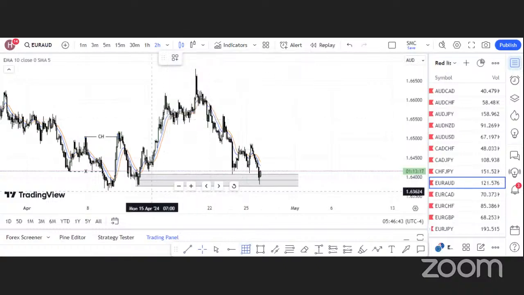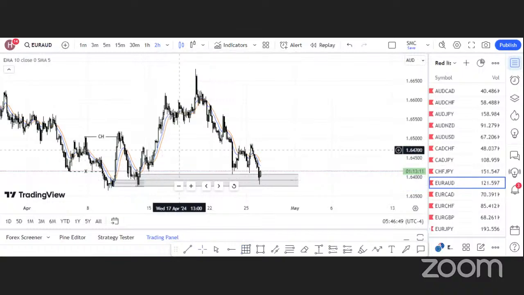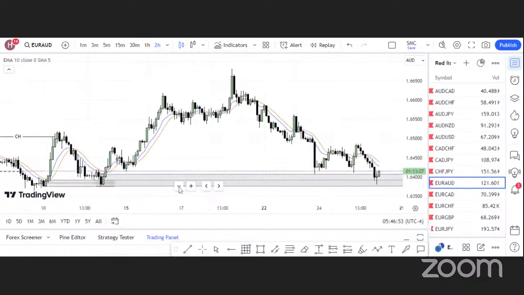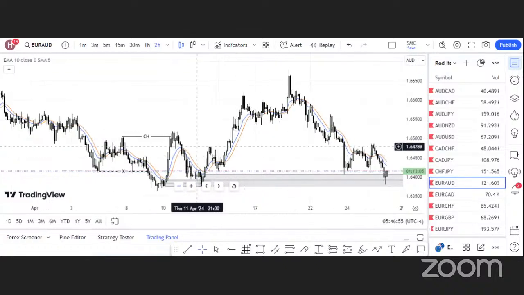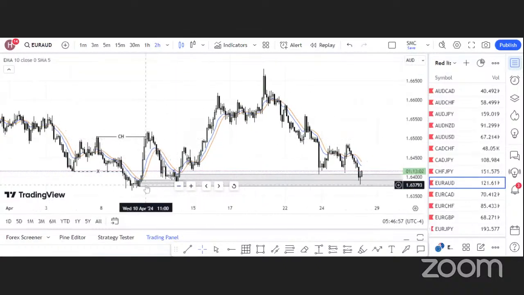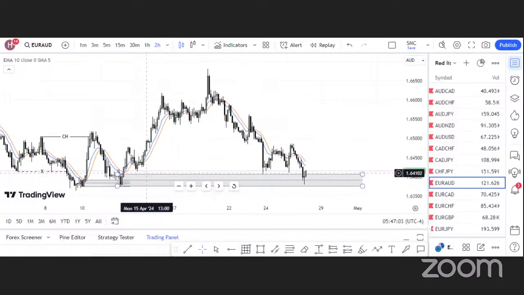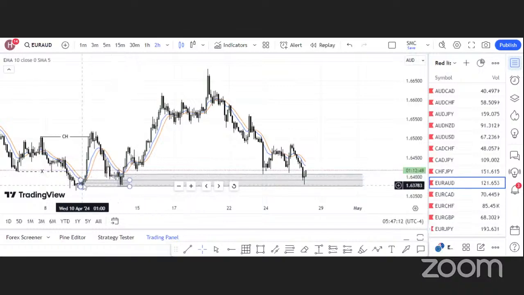Then the market reversed from this zone. Let me zoom out on that to get the best view. So you see, this was respected. The market started making a bullish move after coming back to this other block.